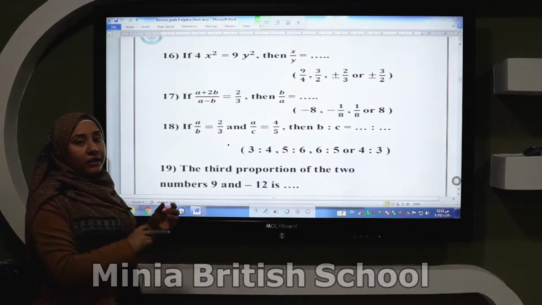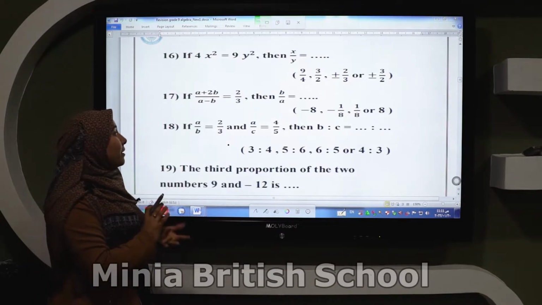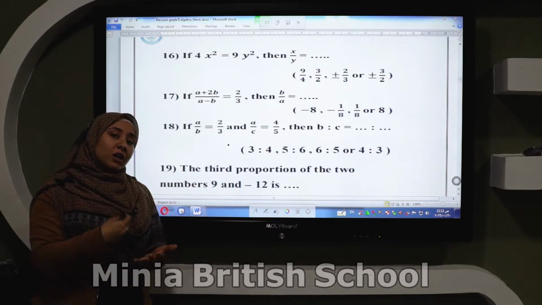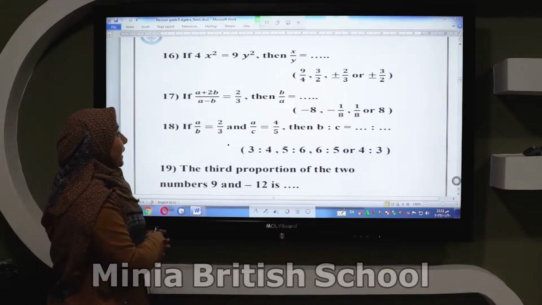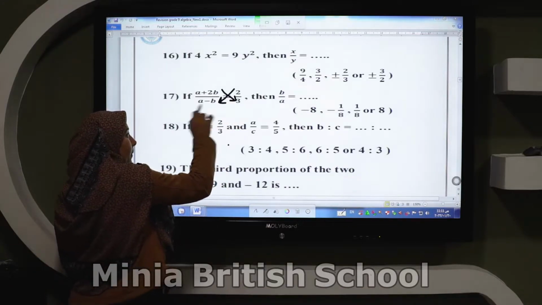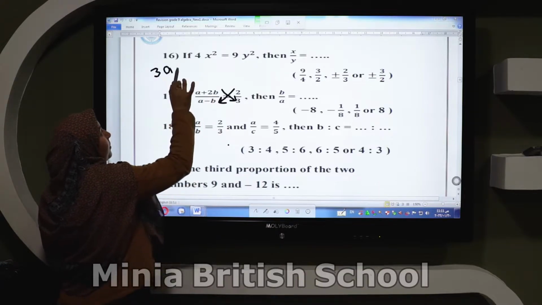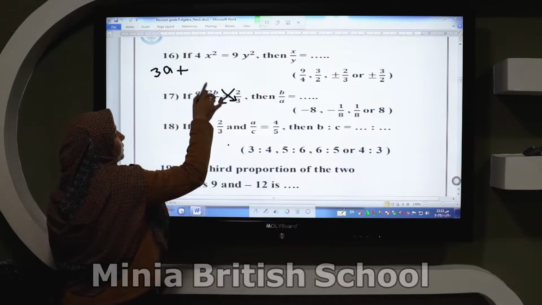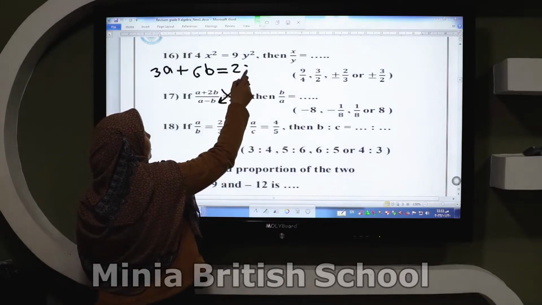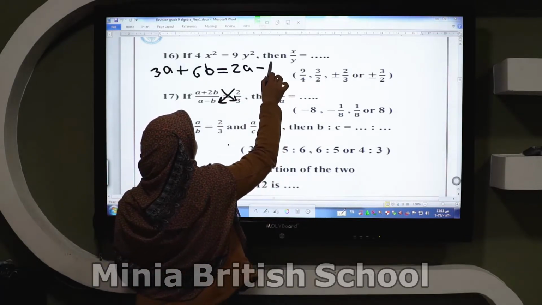Number 17, if (a plus 2b) over (a minus b) equals 2 over 3, then b over a equals what? You can use the cross multiplication here. So 3 times (a plus 2b) equals 3a plus 6b, equals 2 times (a minus b) equals 2a minus 2b.